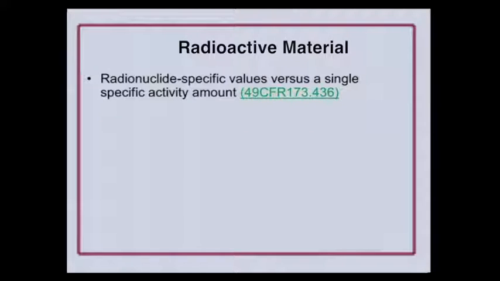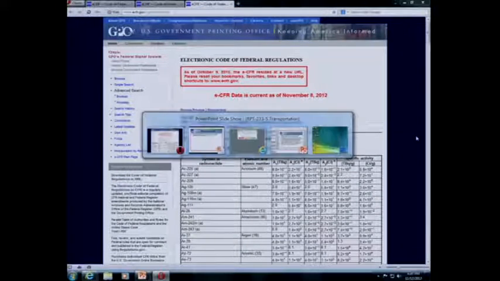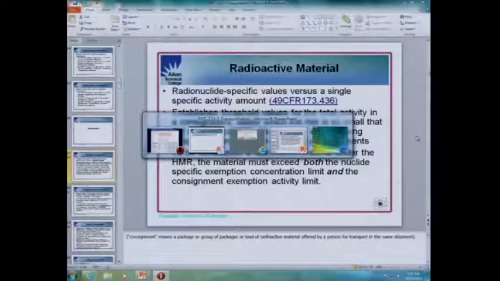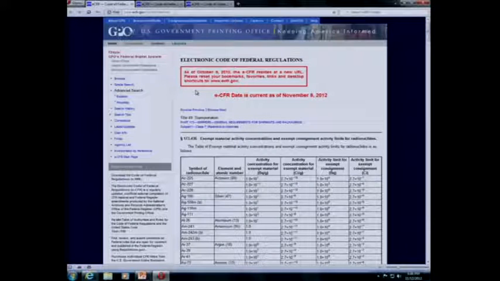And if you go to 49 CFR 173, here, is that it? Nope. There we go. 49 CFR 173-436. Now, I know you can't read this, but I just want to show you the table.